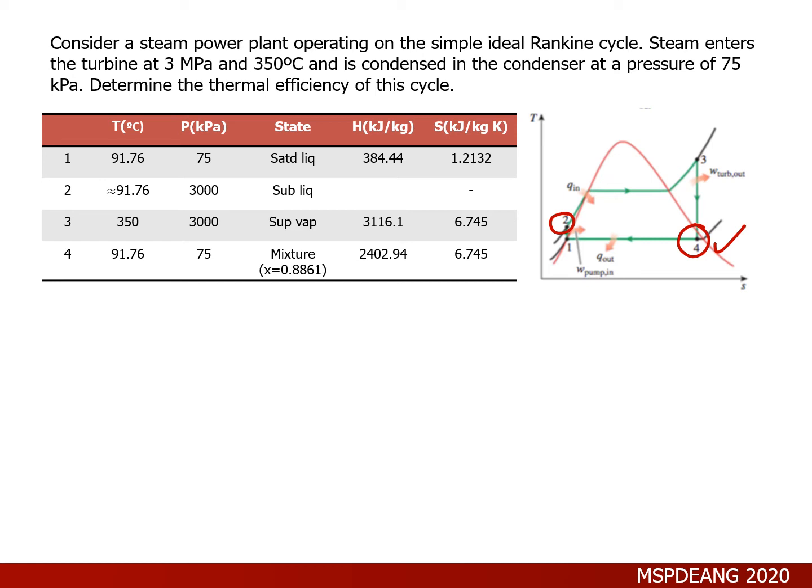For state 2, the process from state 1 to 2 is a pumping process, and we approximate that process to be purely a pressure change only. In most cases, you don't need to determine the specific entropy of state 2, but for more accurate solutions, you need to take a look at a compressed liquid table.